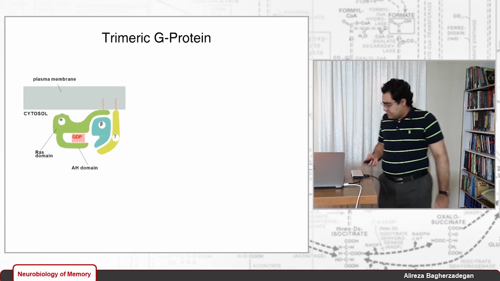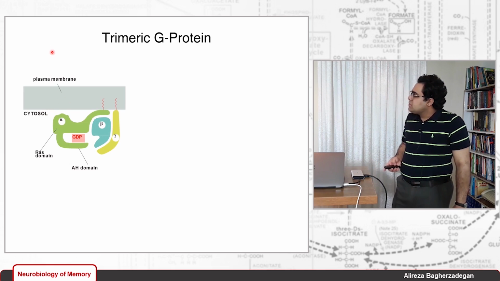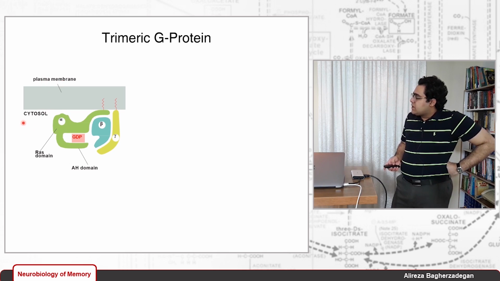These are the 3 different subunits here. You can see the plasma membrane here and the 3 subunits on the cytosolic side, of course. We have the alpha subunit, and we have beta and gamma. The alpha subunit has the GDP.